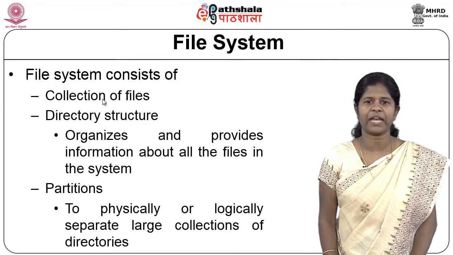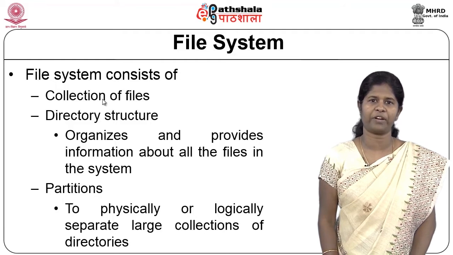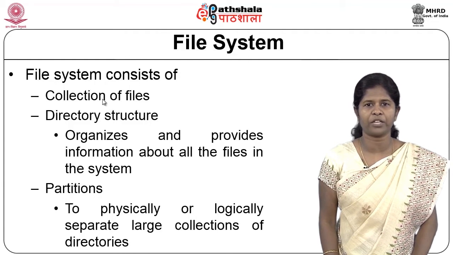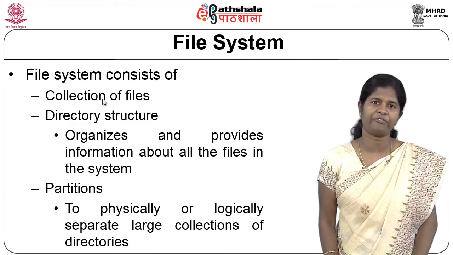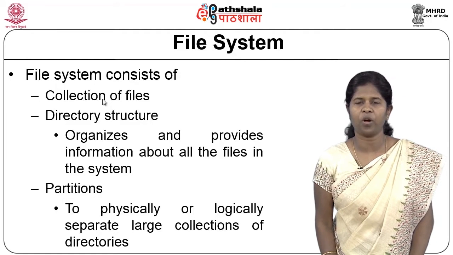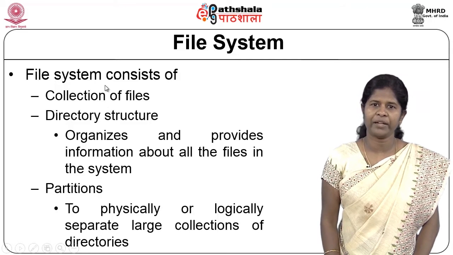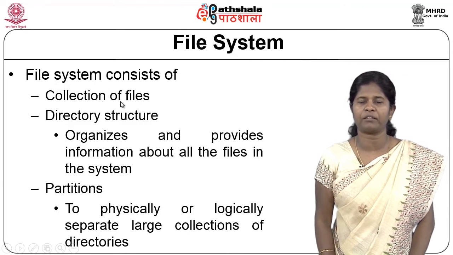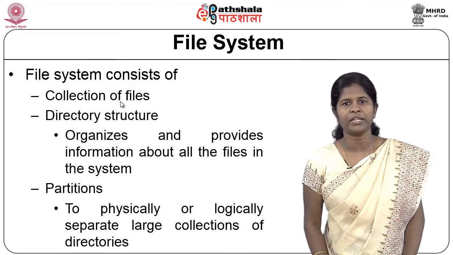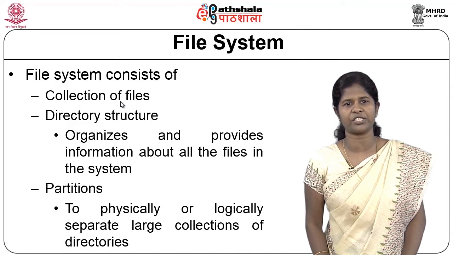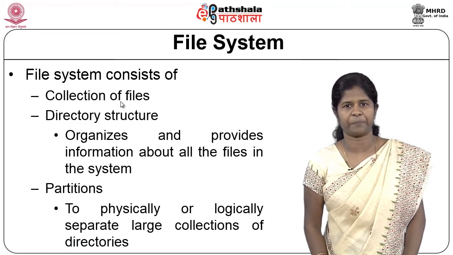Many files can be organized, and similar kinds of files can be put under a particular directory. You can have many such directories, and all these form a directory structure. Many directories can again be put under another directory, and so on. Thus, it can form a hierarchical structure, and it is called a file system.